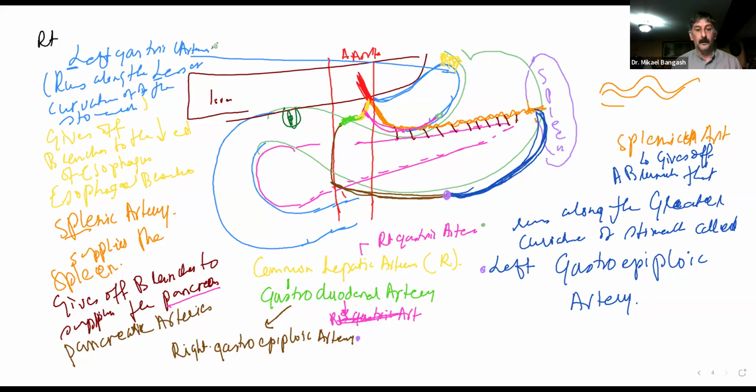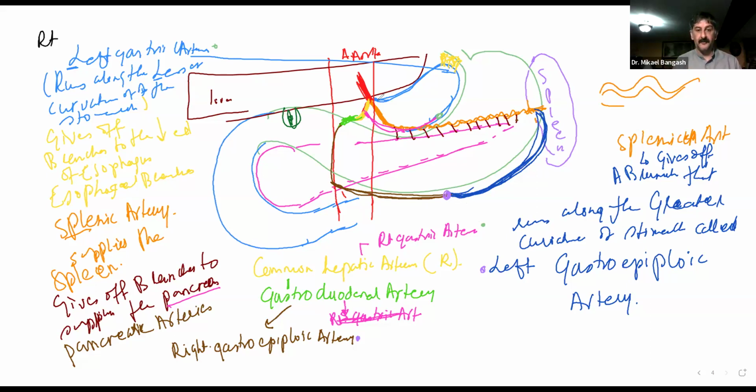So the right and left gastric arteries will anastomose together. The right gastroepiploic artery and the left gastroepiploic artery will anastomose together.